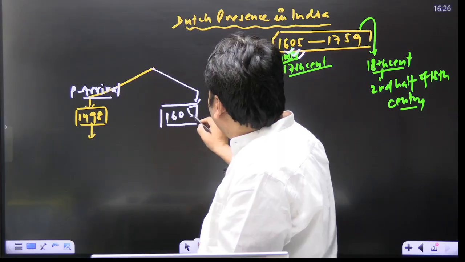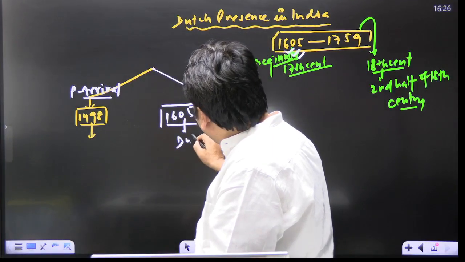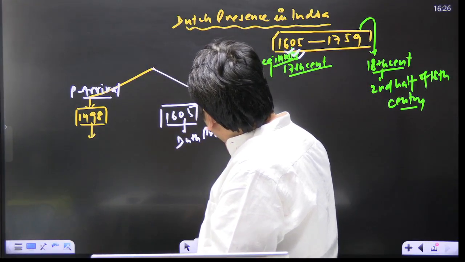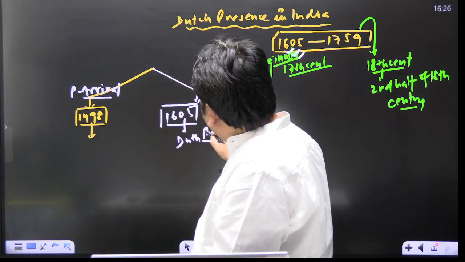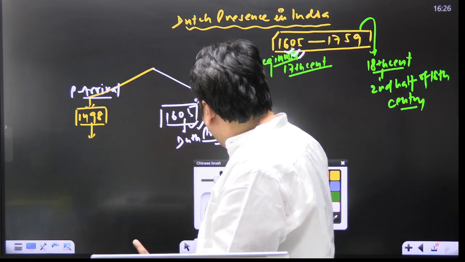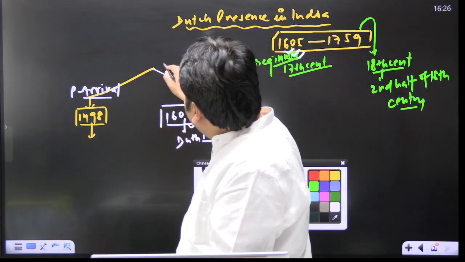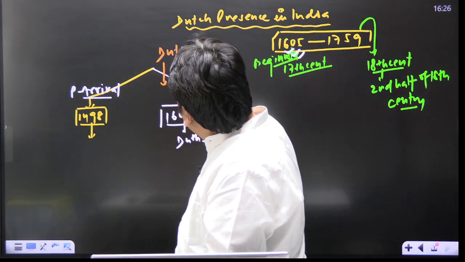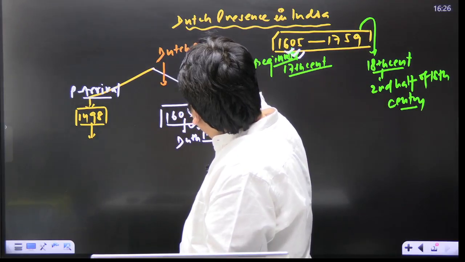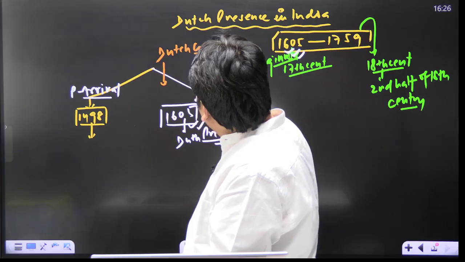Always remember that the Dutch presence in India is counted from 1605 onwards, and the Dutch company was formed in the year 1602.